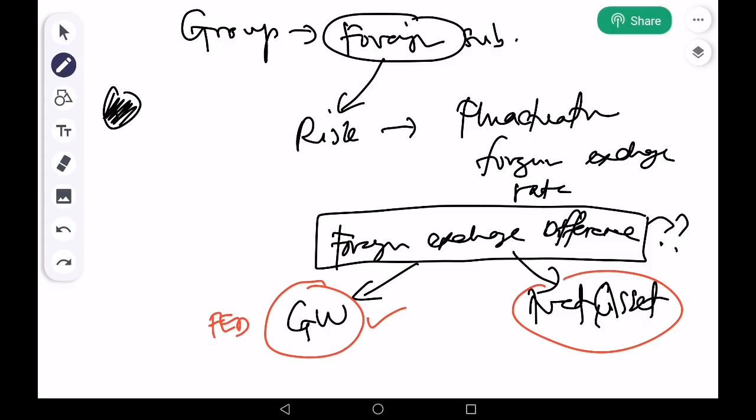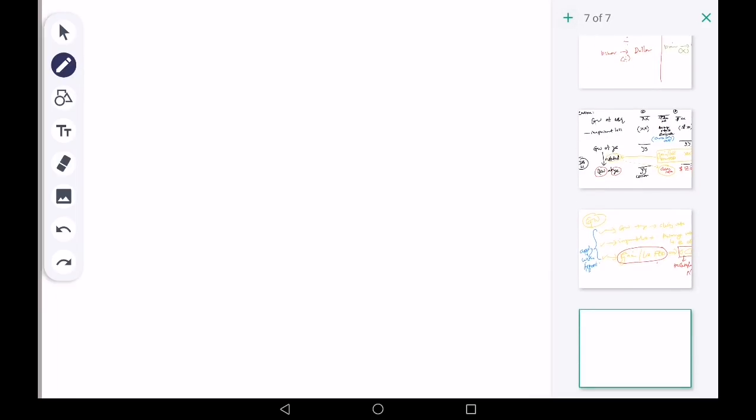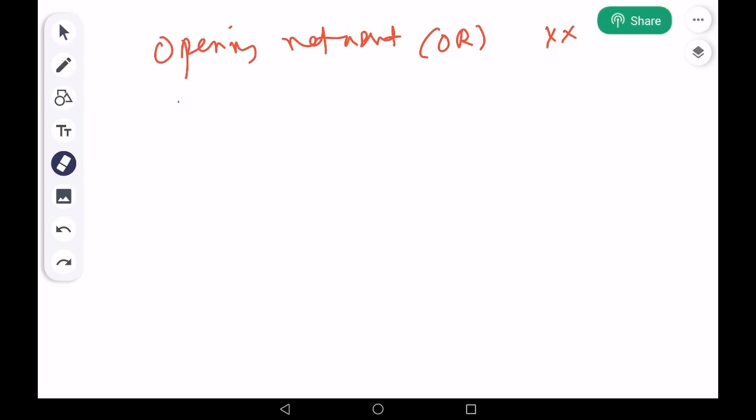Now for net asset. For net asset, class, opening net asset, you will use what rate? Your opening rate, or you can also use a closing rate of your previous year as well. Okay. Once you get that, you will add profit for the year.